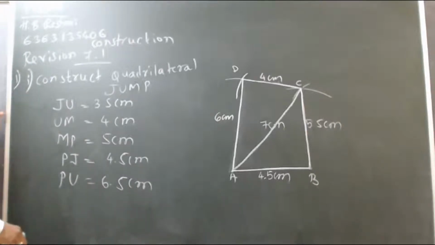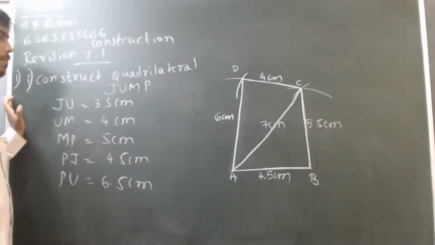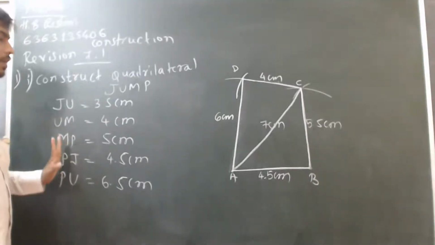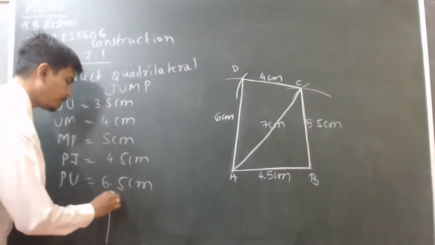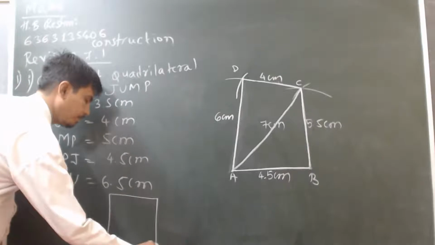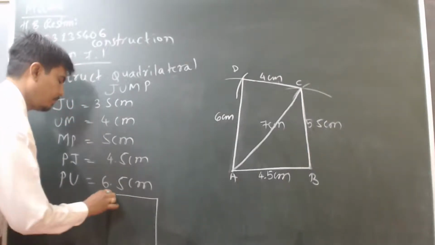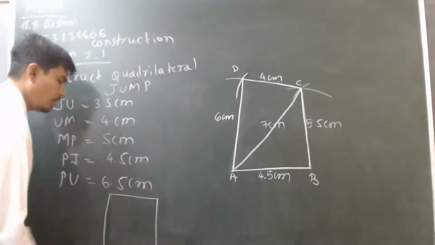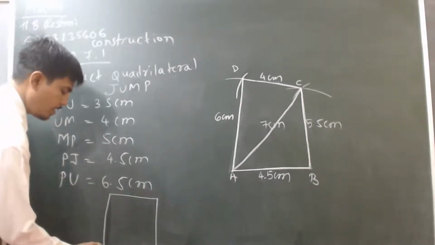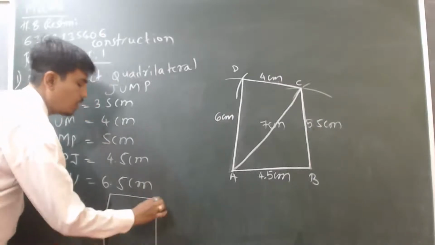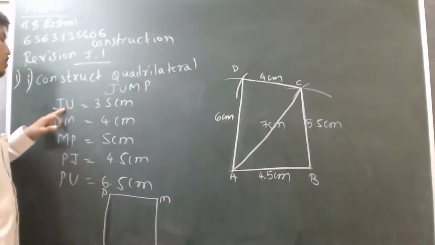Now, same method. What we have to do? First, we have to write the question properly, with the bit number. Then only you will get full marks. So this is the rough diagram for the quadrilateral J, U, M, P. And your information goes like this.